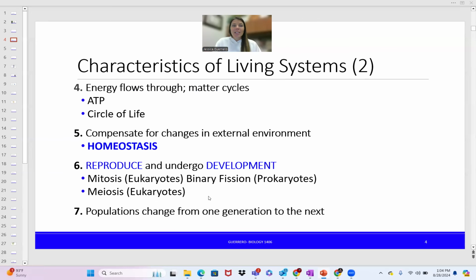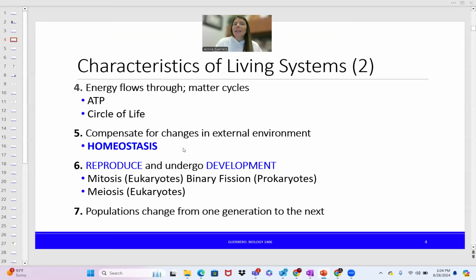The fourth characteristic is that energy can flow through that system, and that it cycles so that it doesn't live forever. Eventually, it will die. The energy currency that we'll be talking about is ATP, and the cycle would be like the carbon cycle, the nitrogen cycle, basically the circle of life. The fifth characteristic is that these organisms are able to maintain homeostasis.